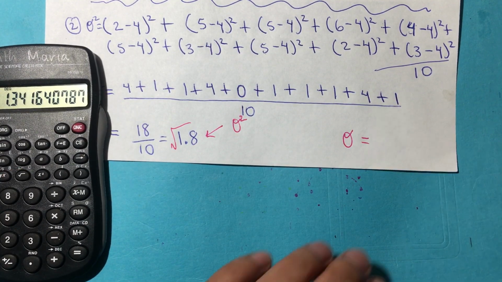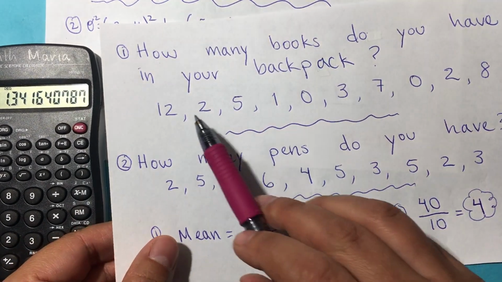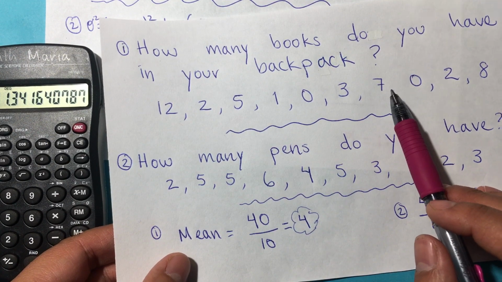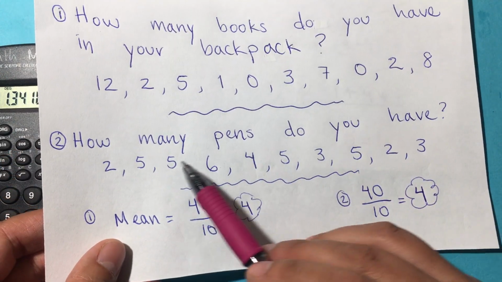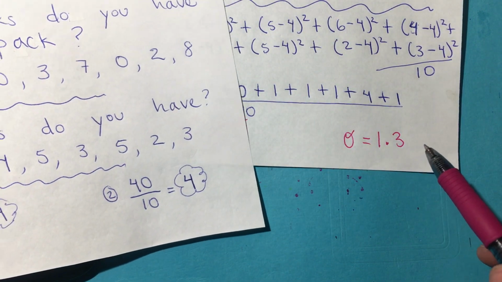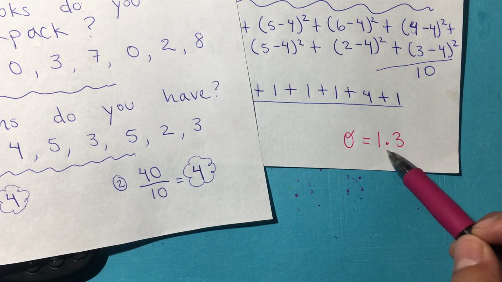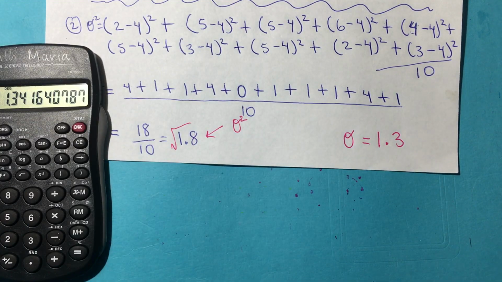Take the square root of that, and you get 1.3. So each one of these is about on average 3.7 spaces away from 4, which is the mean. And for this one, it's only 1.3 spaces away from the mean, meaning that's how far each one on average is from that mean, from that center.